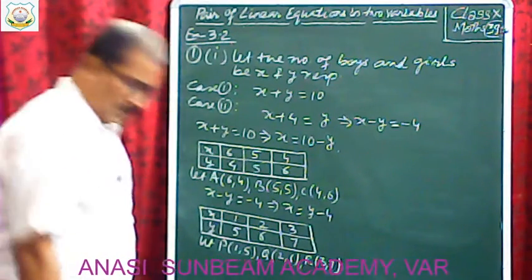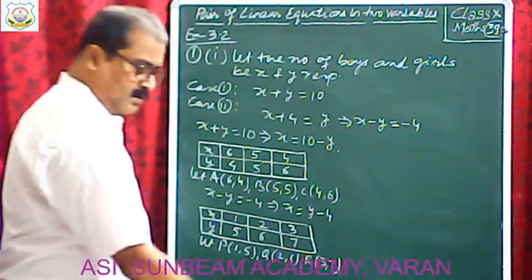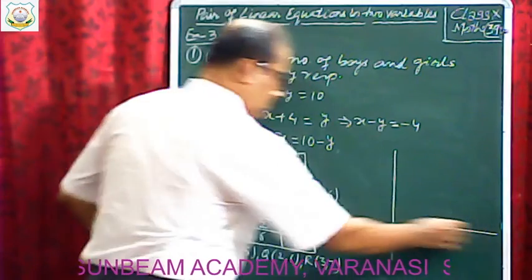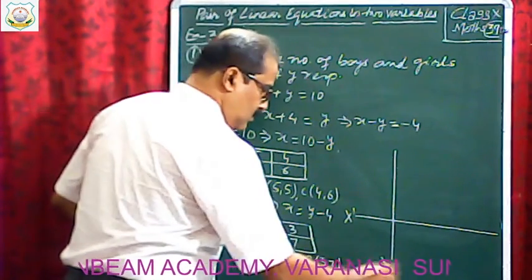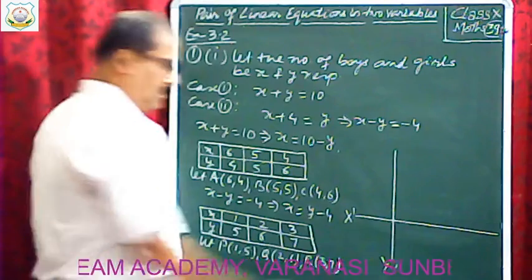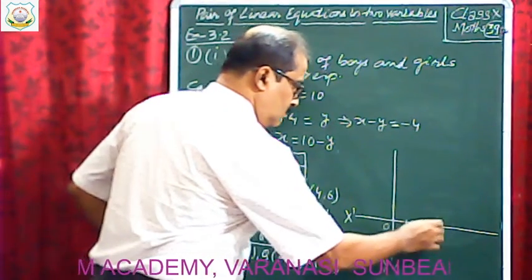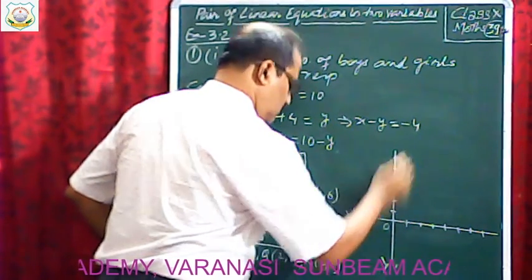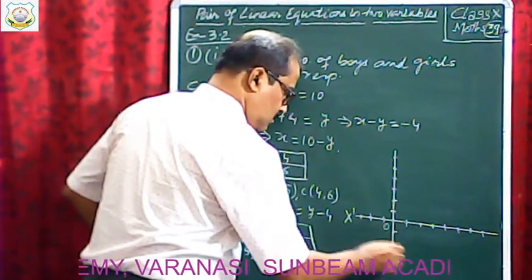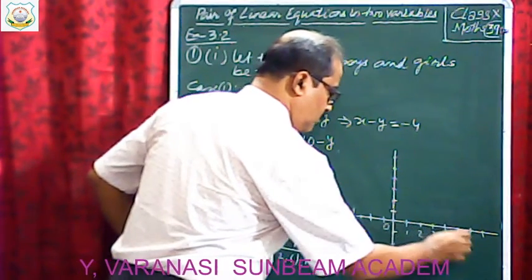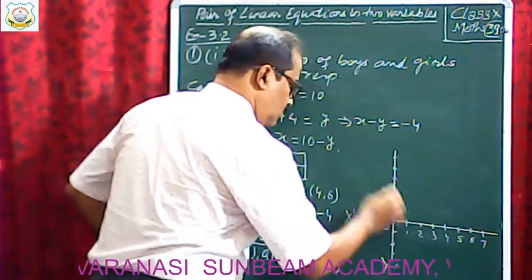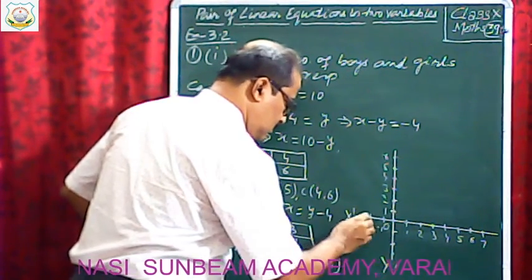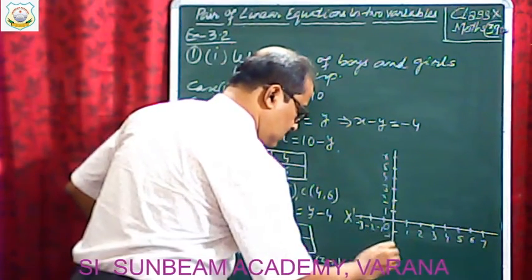Okay, so thereafter you have to draw axes on the graph, everybody. X axis, Y axis. 0, 1, 2, 3, 4, 1, 2, 3, 4, 5, 6, 7, minus 1, minus 2, minus 3 on both axes.